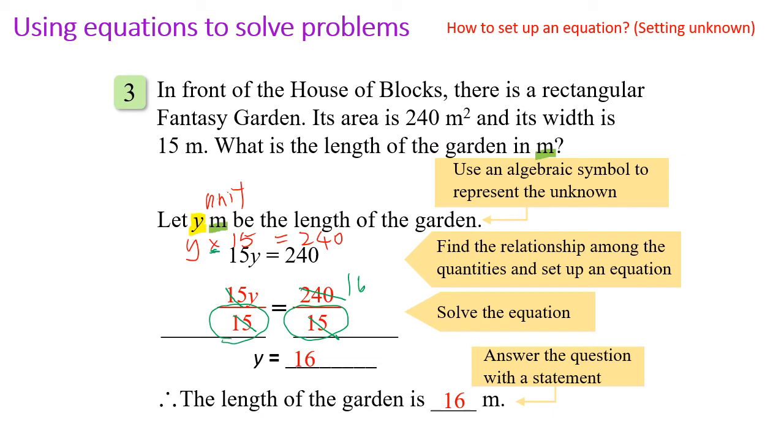So for the equation with the unknown, you have to do two things. One is write down the first statement, let the unknown be the length of the garden. And the second one is don't forget the last statement: the length of the garden is 16 meters.